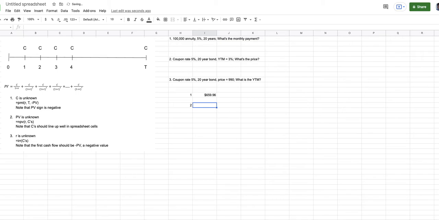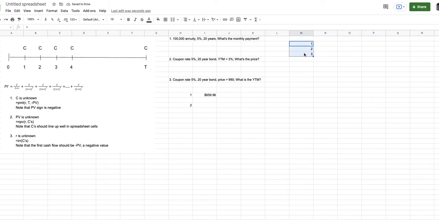Now let's look at the second application. We want to price a bond, and we know the coupon payments, those cash flows, and we also know the yield to maturity. So we need to set up the timeline well, starting with the cash flows.